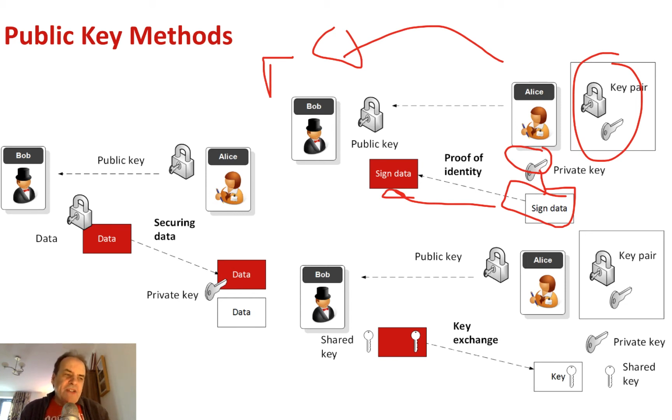So it could be the hash of a message. So it's maybe an email that she's sending to Bob, and she's taken a hash of the email and then she encrypts the hash with her private key. Then Bob takes the signed data and is able to get her public key in some way. She might send it to him.